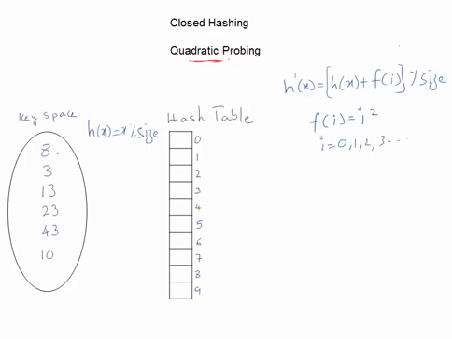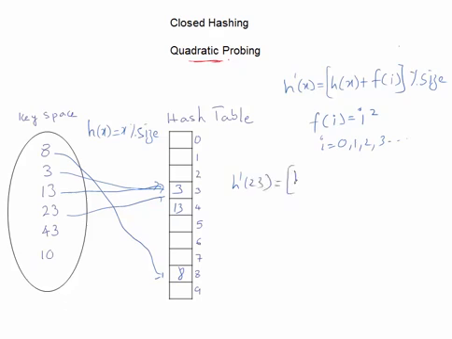That is the difference. Now when we try to map the key elements, 8 is stored here, 3 at the same place, 13 for i as 0 there is a collision. So for i as 1 it will be stored at the next location. Now next is 23. So let us find out for 23. (h of 23 plus f of 0) mod 10 gives 3.